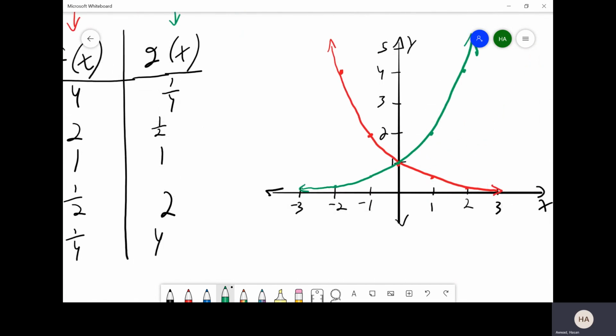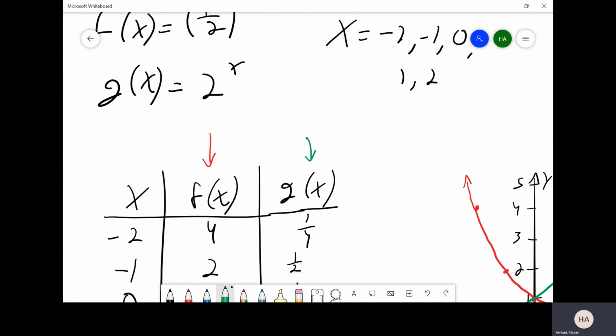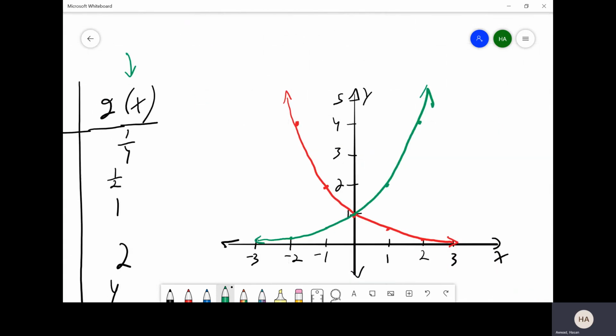Well, first off, this gives you a good idea of what an exponential function looks like and what it's doing. When we're talking about g of x, notice that our base is bigger than 1, right? Our base is 2. When your base is larger than 1, your exponential function is going to start slow. So it's going to start negative, and then it's going to rise exponentially positive.